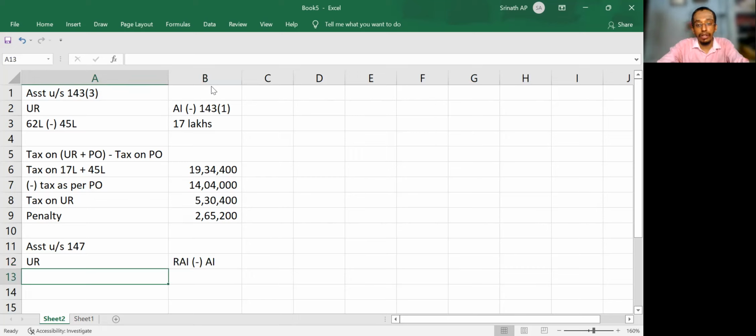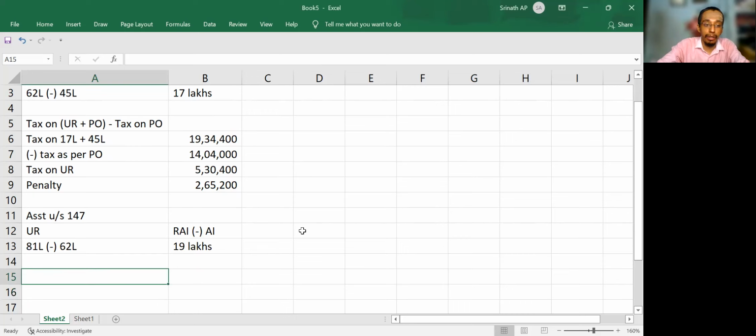Reassessed income we have got 81 lakhs, minus the assessed income, which is 62 lakhs. So you will have 19 lakhs as underreporting of income.